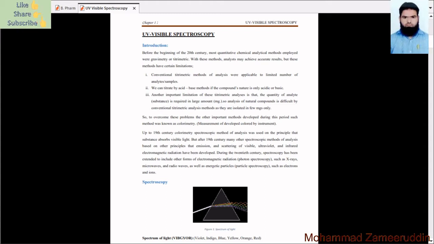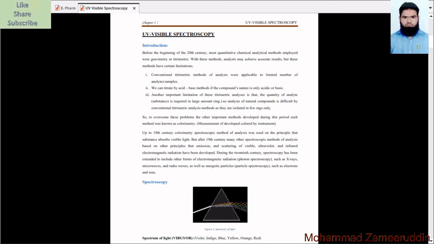Another important limitation was that the amount of analyte required was very large, so these methods cannot be applied to natural compounds, because we know that natural compounds can be obtained only in very trace amounts.